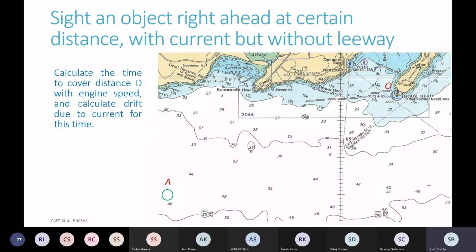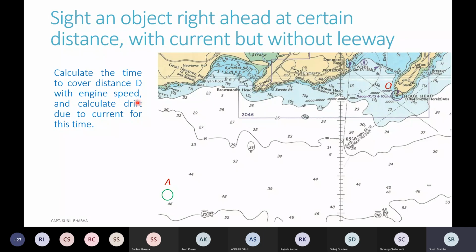So let's assume our engine speed is also 12 knots. So we know that we require 1 hour to cover this distance. So this is the first step: calculate the time required to cover the given distance d using the engine speed. Now, once you have that time known to you, we can proceed ahead.